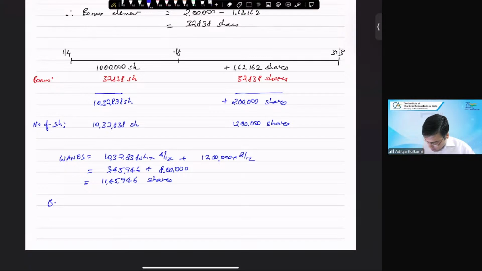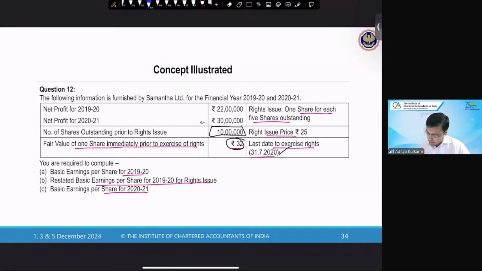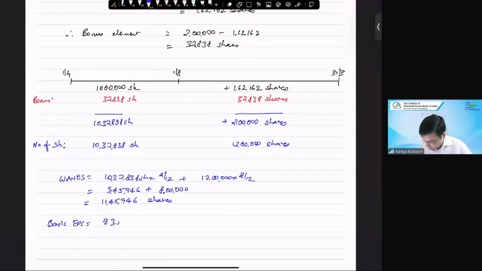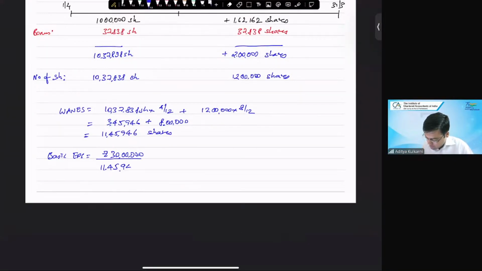And then your basic EPS is equal to profit. How much is the profit? 30 lakhs, divided by 11,45,946 shares. 2.62.